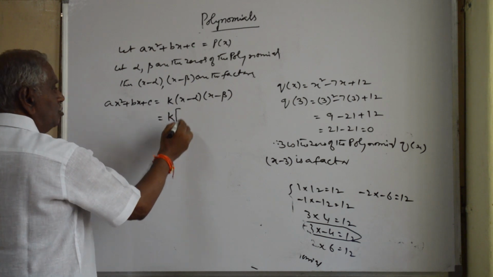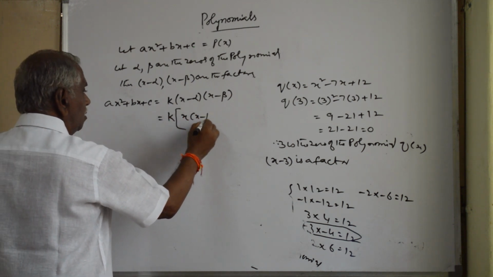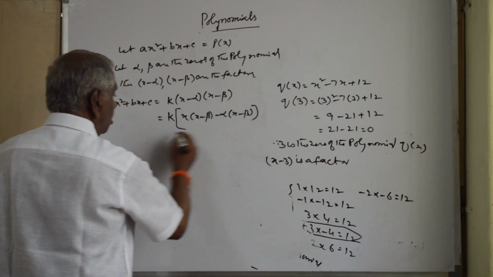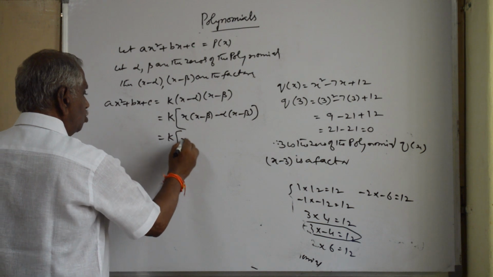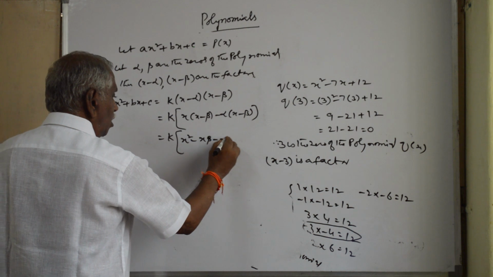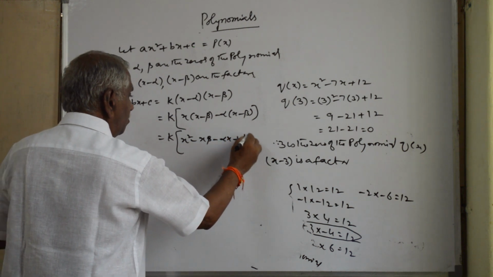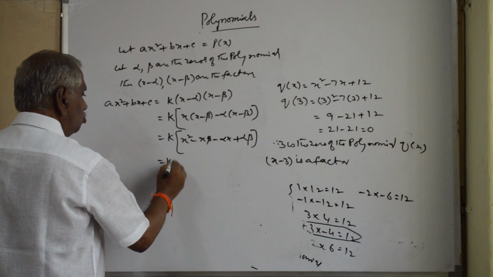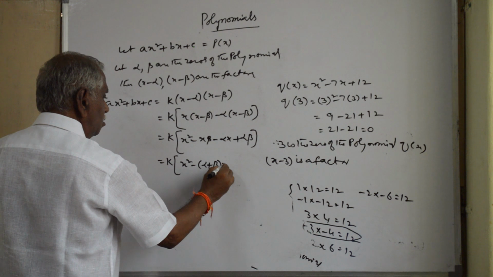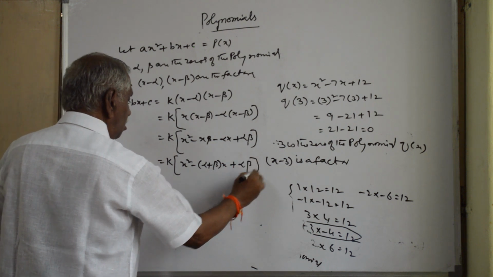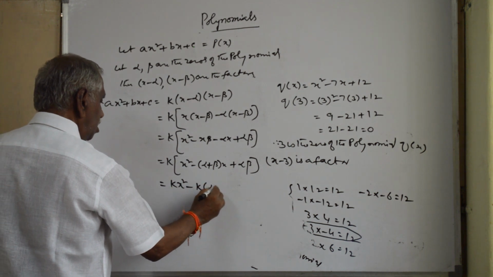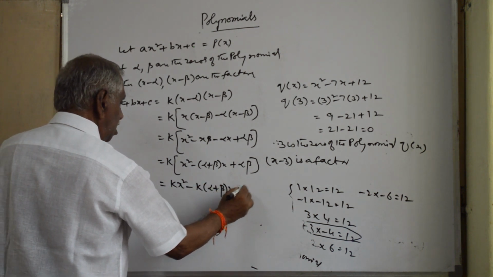Now, k into x of x minus beta minus alpha into x minus beta. Now it is k into x square minus x beta minus alpha x plus alpha beta. Now k into x square minus of alpha plus beta into x plus alpha beta. Now we can say kx square minus k into alpha plus beta into x plus k into alpha beta.